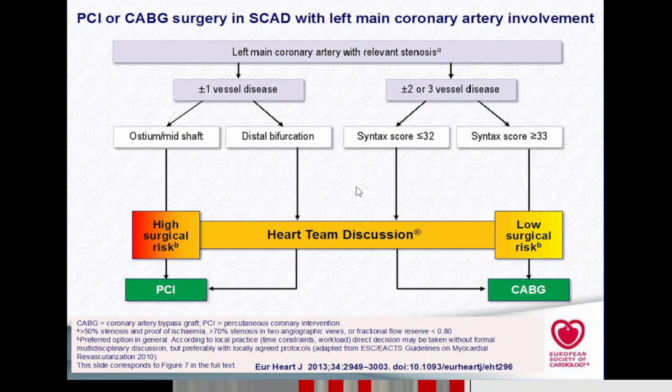Distal bifurcation, we have to discuss it. And if the patient has two or three vessel disease with SYNTAX score more than 33, if low surgical risk, CABG. If SYNTAX score below 33, to discuss.